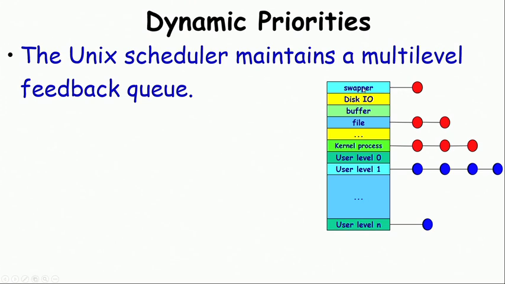The different priority ranges are the user levels. So, there are n user levels, maybe 256 user levels. Then kernel processes are higher priority than the user processes. The user processes cannot really migrate to kernel level, and there are several other bands of priority. The files, buffer, disk IO, and the swapper have the highest priority in the Unix operating system.